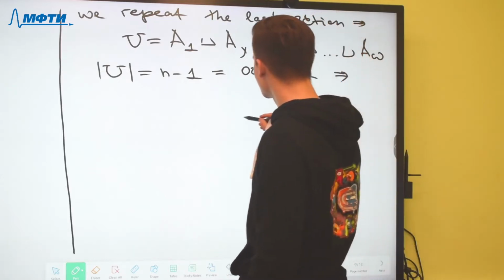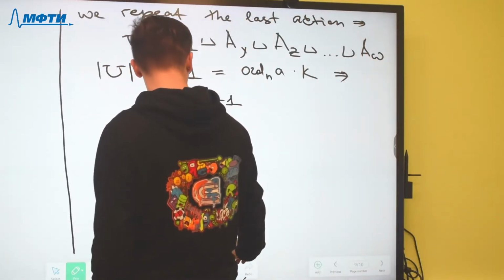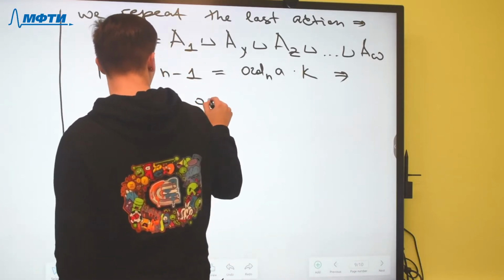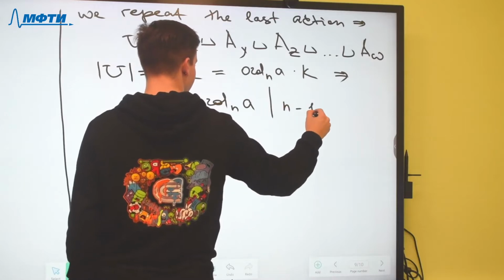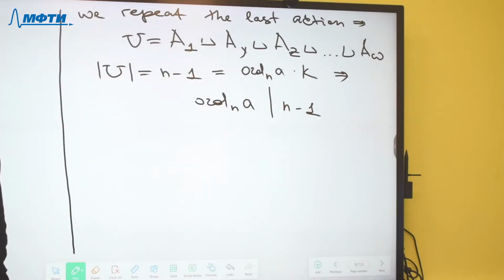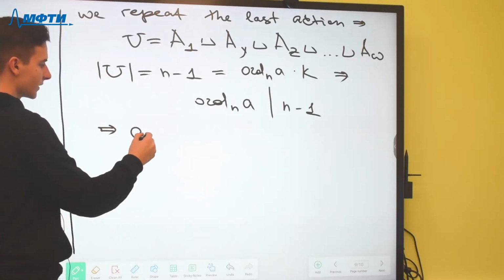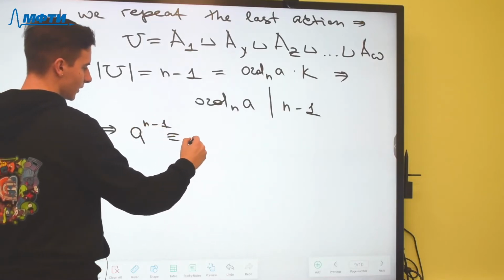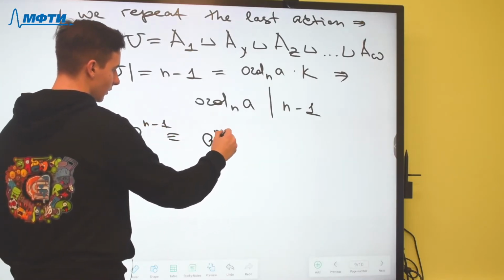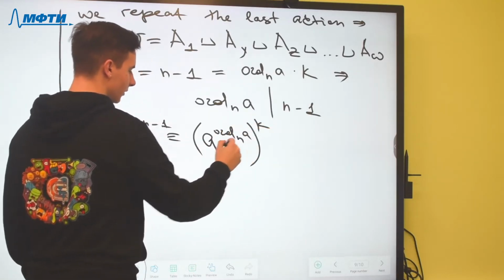And then we say that we can divide n-1 by the order of element A. And then we say that A to the power n-1 is equal to A to the power ord, power k.